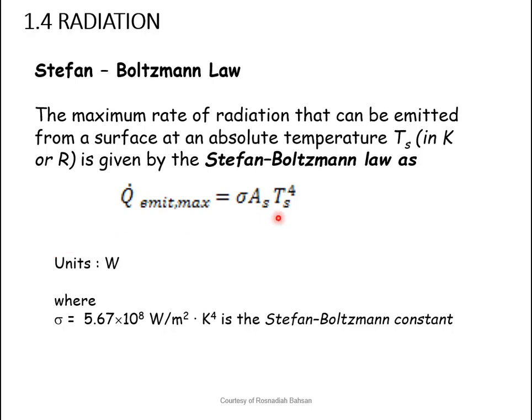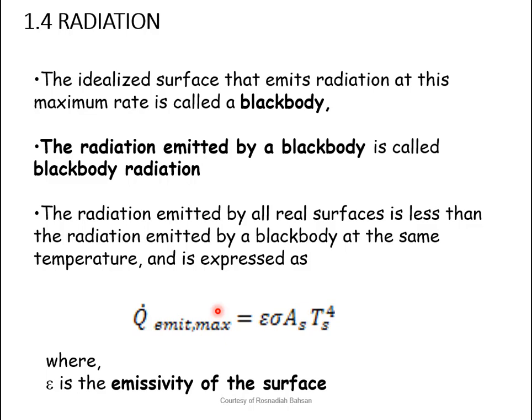Q dot max equals sigma times A_s times T_s to the power of 4, where A_s stands for surface area and T is surface temperature. The unit is also watt, where sigma is the Stefan-Boltzmann constant. It is a fixed value, 5.67 times 10 to the power of minus 8 watt per meter square Kelvin to the power of 4.